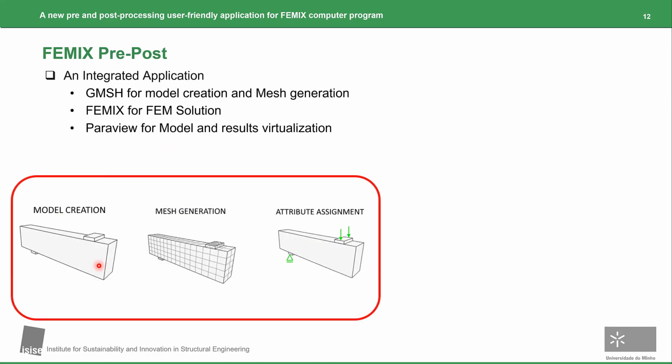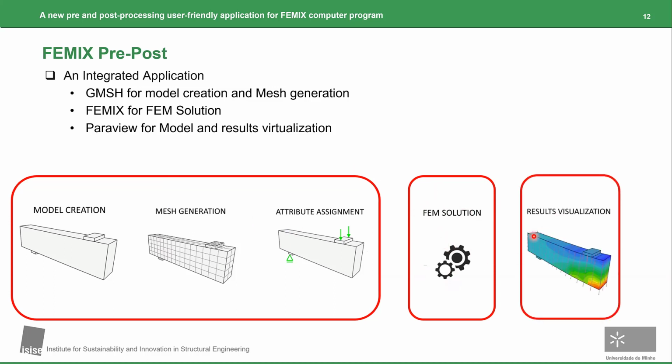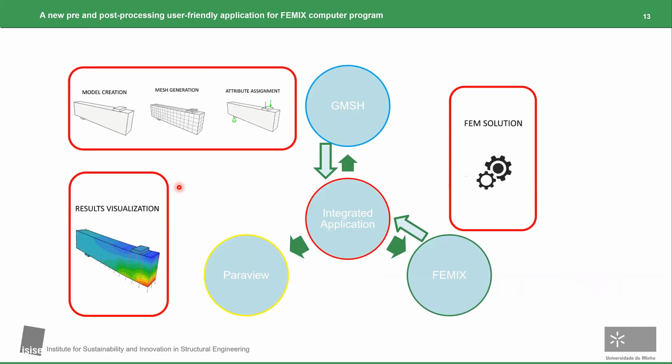We had different steps, as I explained before: model creation, mesh generation, and attribute assignment. And then we can send them to FEM solution. And finally, result visualization, which are the main steps for solving any type of finite element problem.